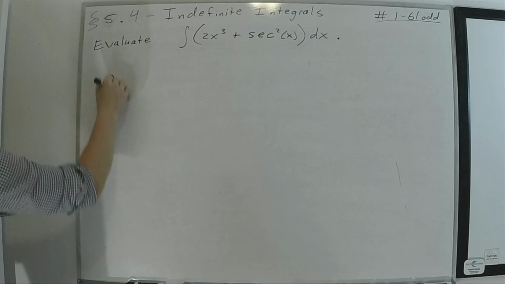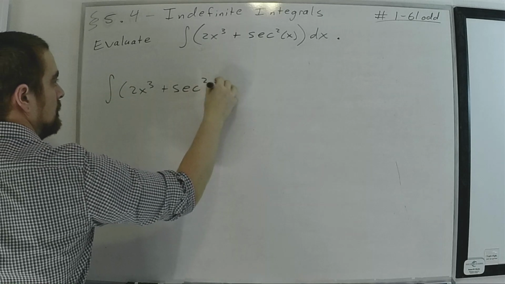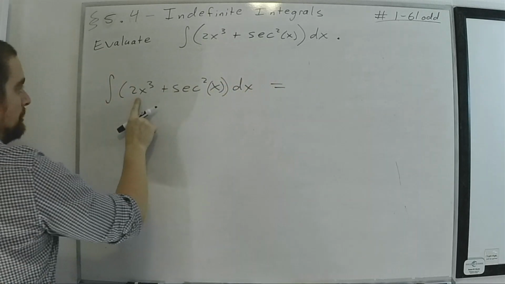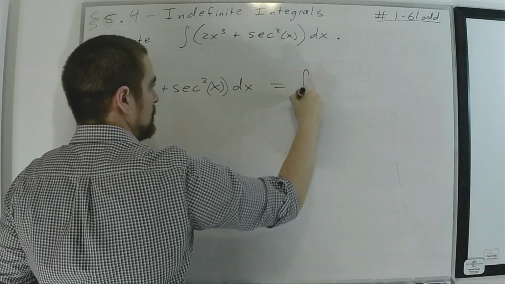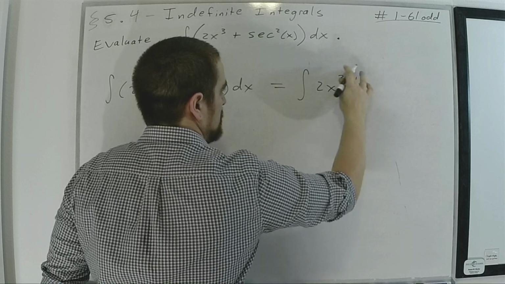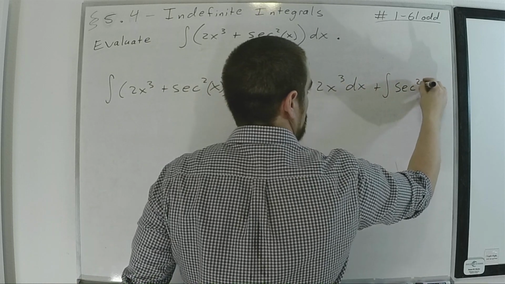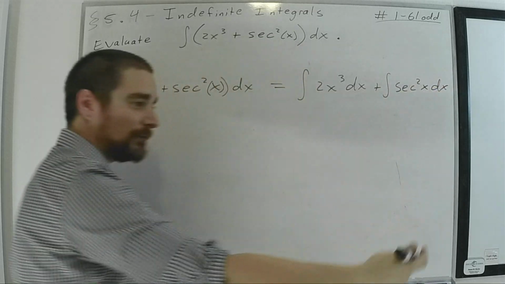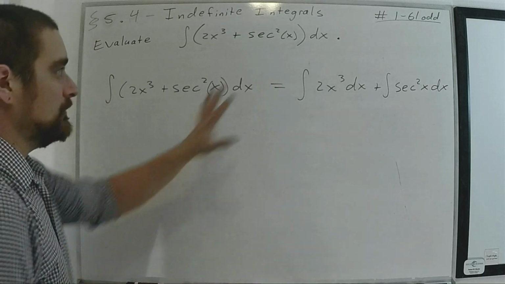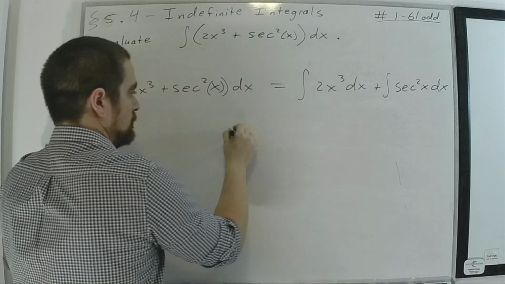So here's what we want to do. I'm simply going to rewrite it. And I'm going to say that this means term by term. This is the really nice thing about anti-differentiation, or finding an indefinite integral: I get to do it term by term, much like I get to do when differentiating. So I could split this up into two integrals and do each piece.